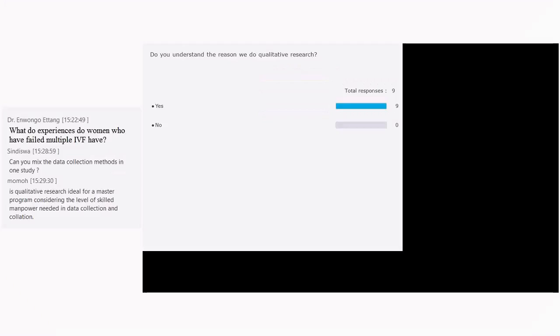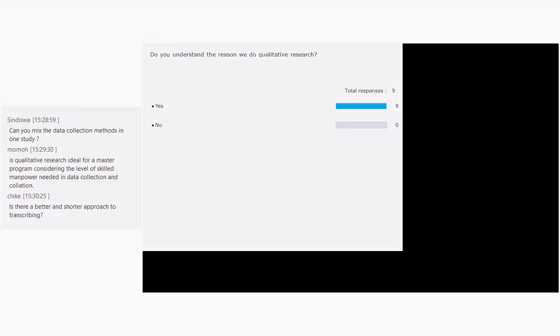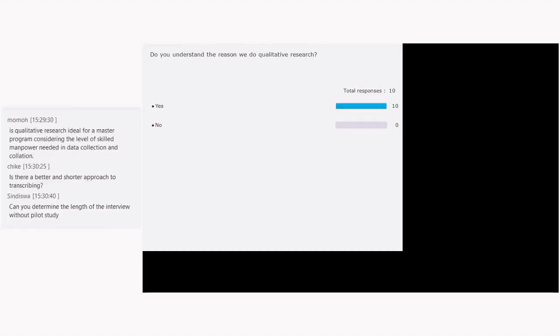Okay, here's another question. Is qualitative research ideal for a master's program considering the level of skilled manpower needed in data collection and collation? Absolutely, 100%. In a master's program, it's not about choosing the method. It's about your question and then finding the appropriate method to answer your question.